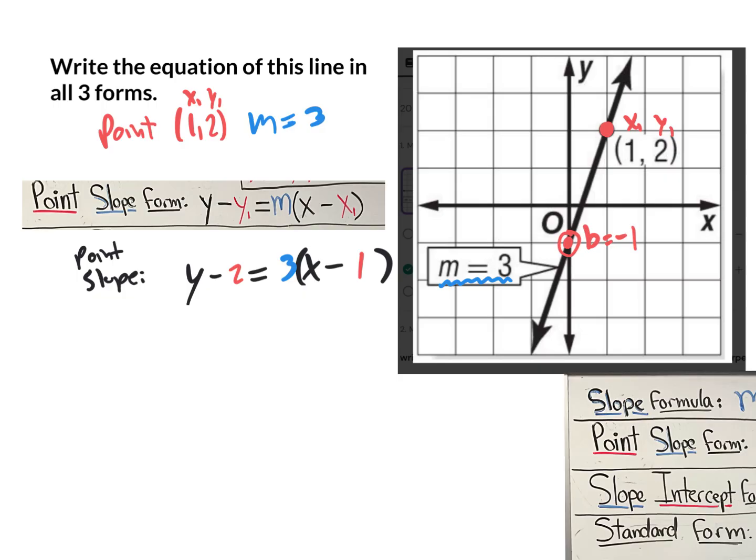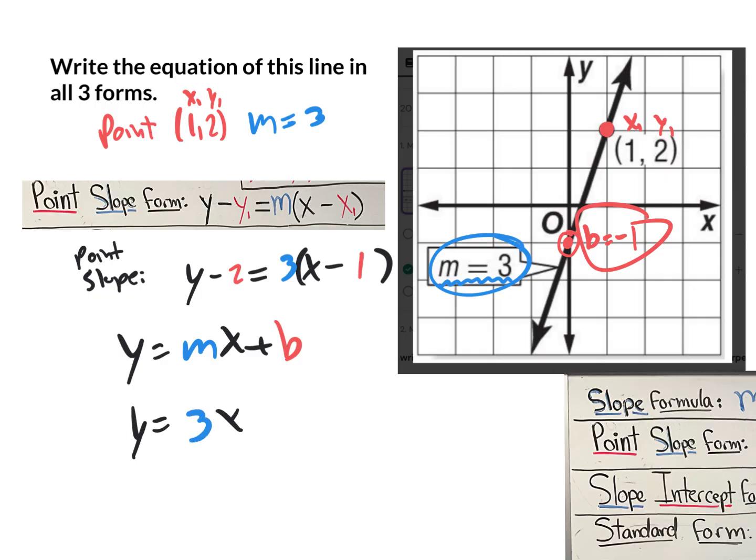So if you know your m and you know your b, then you're able to write it in y equals mx plus b. So that's y equals 3x minus 1. So that's your y equals mx plus b equation.